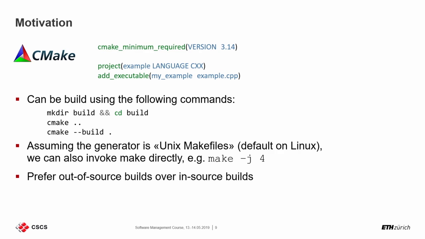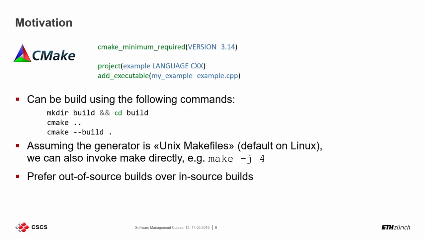Usually what you do is you create a subdirectory, often called build. From there you call cmake .. pointing to the folder below, where the CMake file, the starting point, is. And then you just say cmake --build . This last step is actually calling make if you use the Makefile generator.